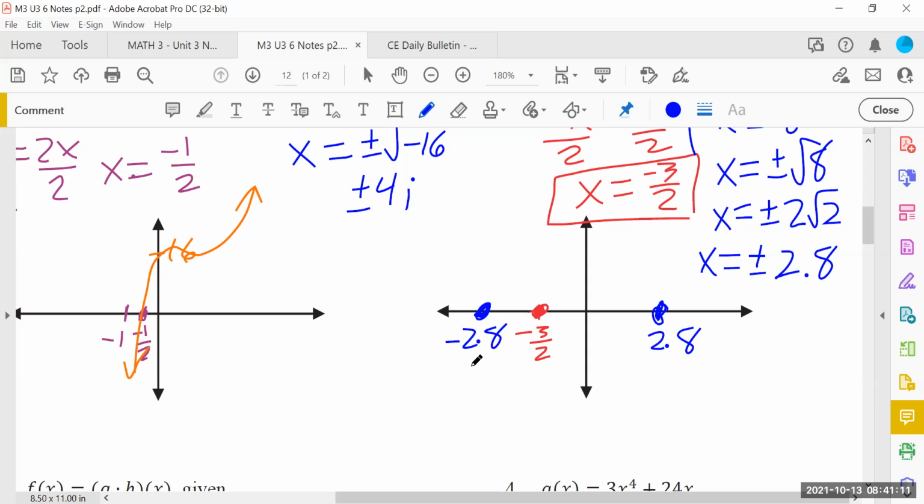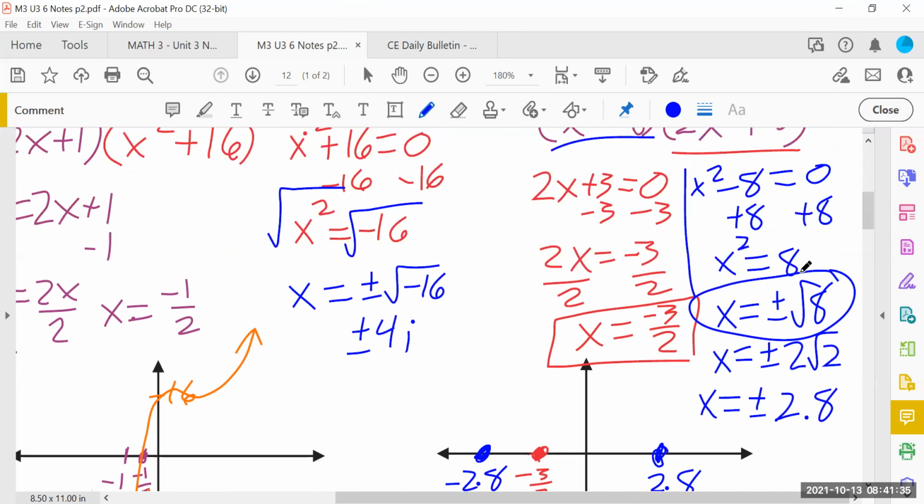Or better yet, just call it 2√2. That would be the exact answer. Negative 2√2 and positive 2√2. As long as it's labeled with one of those two, you'll get credit for it. I need to see you taking the square root of 8. But if you use the 2.8 after that, that's okay. All right.